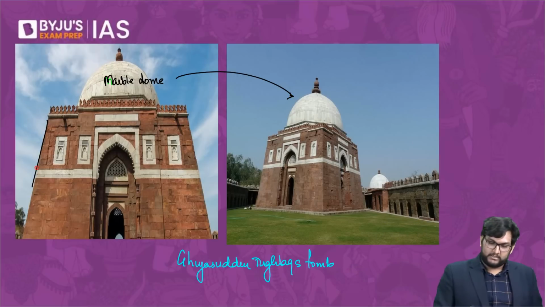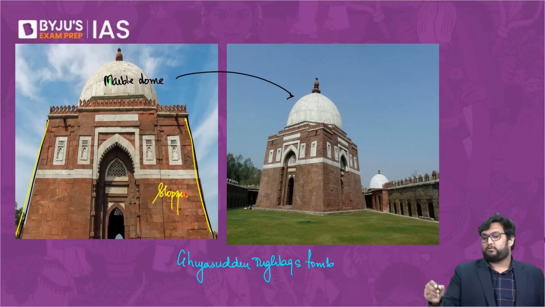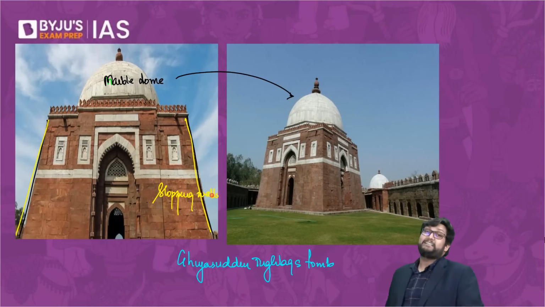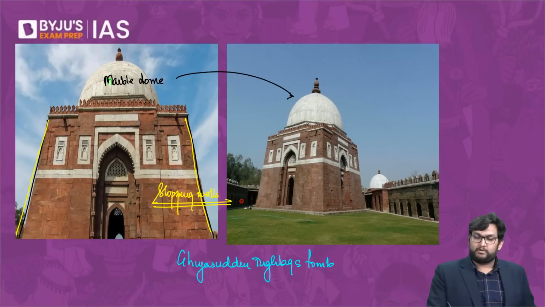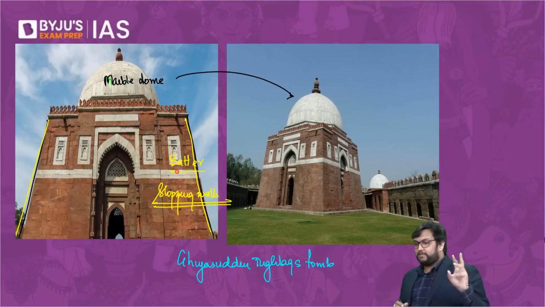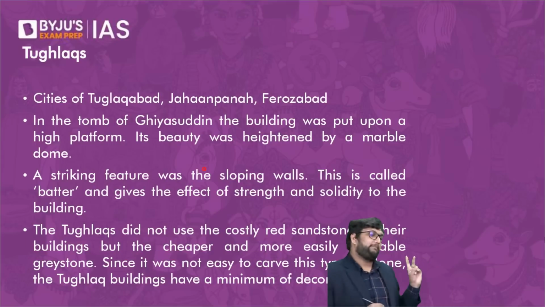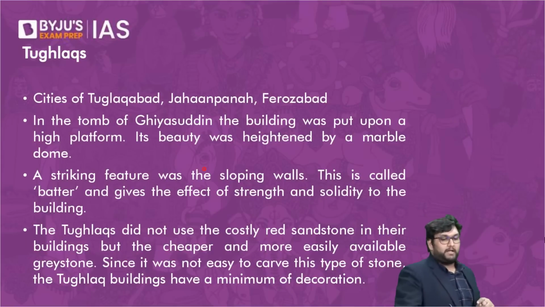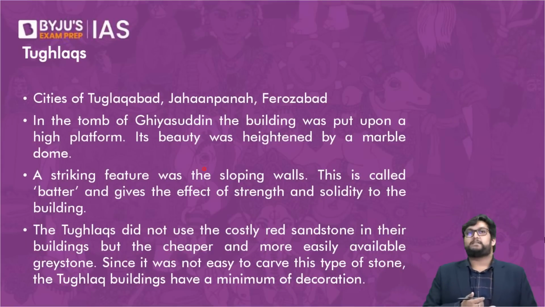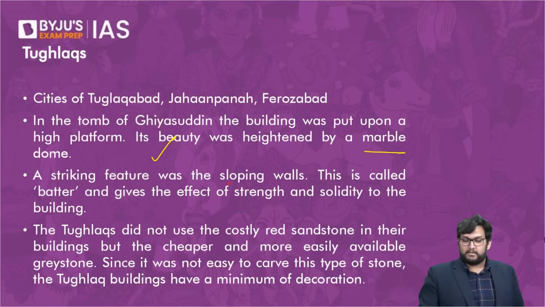These are called sloping walls, slanted walls. And this is in the architectural sense called batter. They made 3 cities, Tughlaqabad, Jahanpana, Firozabad, Adilabad. And the highest point is the marble dome, sloping walls, which is batter.